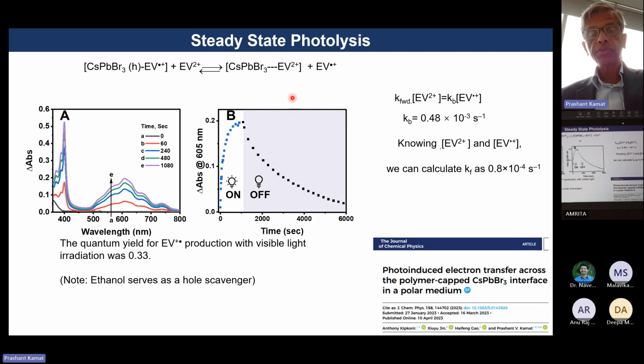We can use a steady state expression to calculate the forward rate and the back electron transfer rate. Using the viologen radical concentration we can determine, we can calculate a back electron transfer rate constant from this exercise. And again, using these values, you can also calculate the forward electron transfer rate.